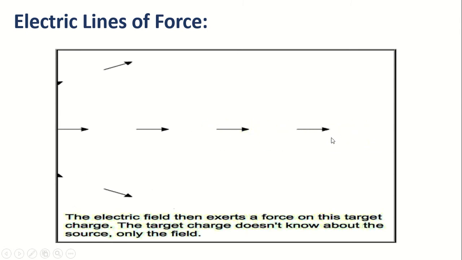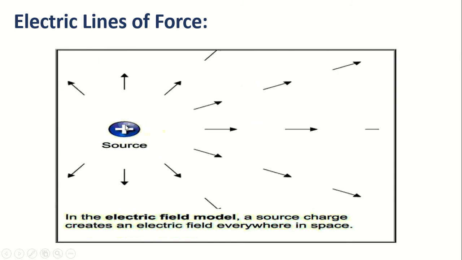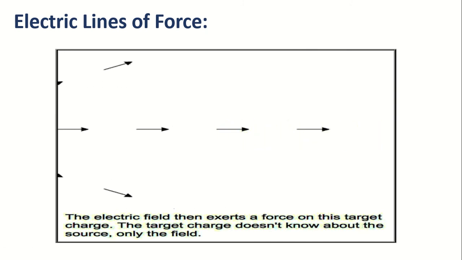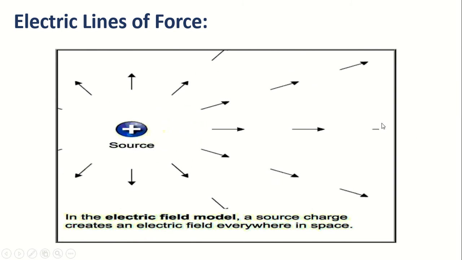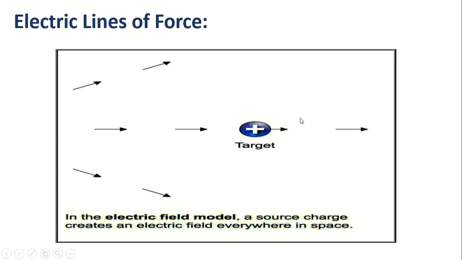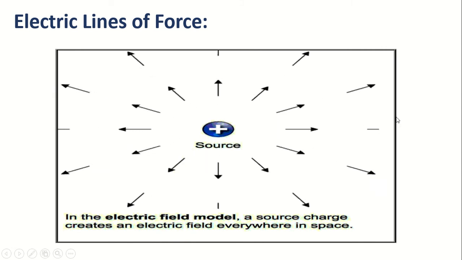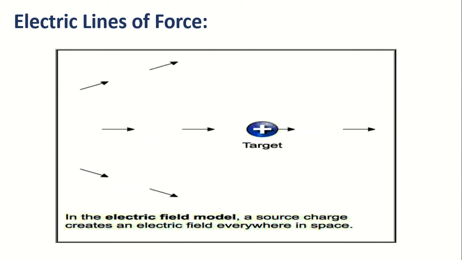Look. Electric lines of force is the path of a free positive charge that moves in an electric field. So look here, if a positive charge is placed in a place, then around that charge, an electric field will be created, and if in that electric field, a free positive charge is placed, then that free charge will experience the force, and as a result, by gaining the force, it will move in a definite path, and that path is known as electric lines of force.